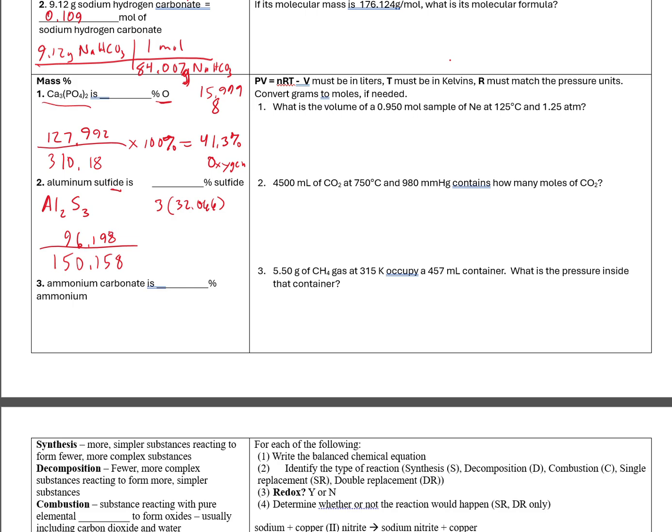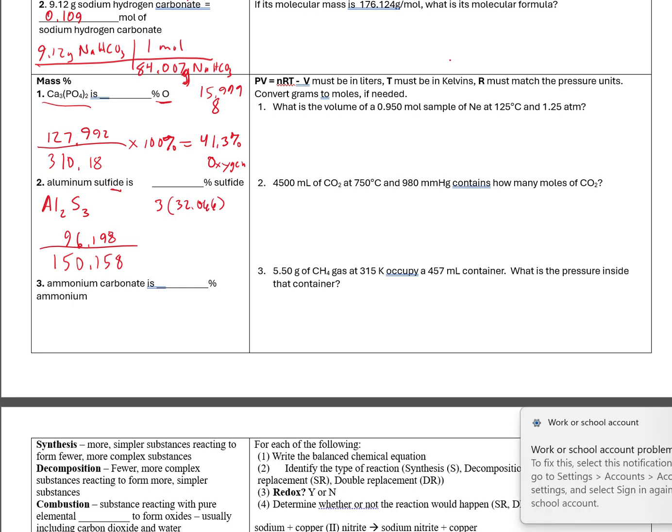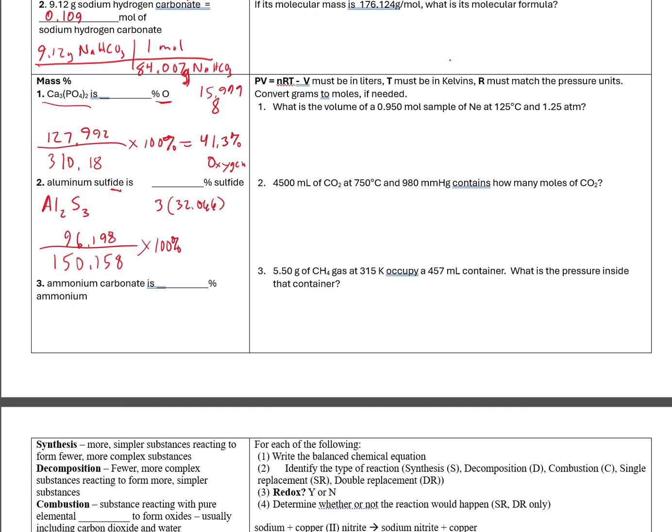The mass of just the sulfide in aluminum sulfide is 96.198, so we take that times 100%, and that will be 64.1% sulfide.